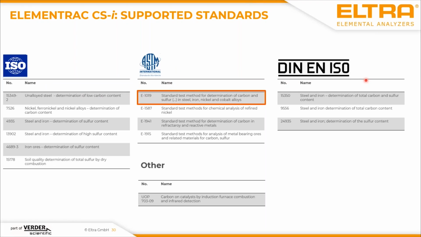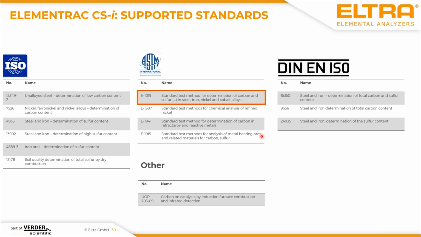ISO norms are used for many metals, like steel, iron, ores, soil, or refractory metals. So for each type of metal, there is a certain norm available, and it's recommended that the producers and the users in their analysis laboratory follow those recommendations in order to be compliant, in order to meet international quality standards.